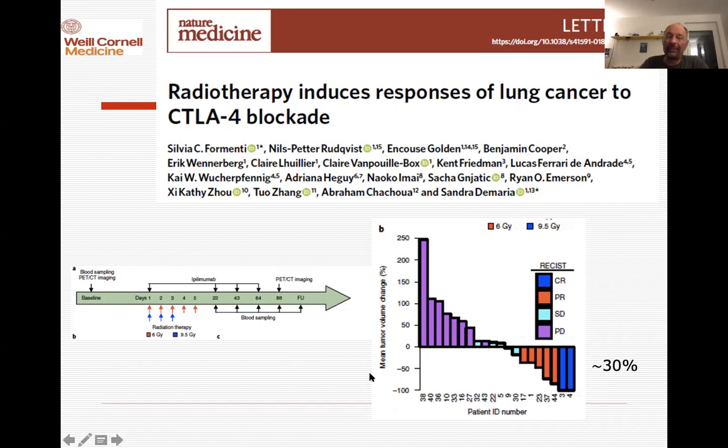Now they were treated with treatment of one single metastasis, you see, with the hypofractionated scheme, only 3 or 5 fractions, 9.5 or 6 gray, and then ipilimumab. And you see that in about 30% of the patients, you have either complete regression, partial regression, or stable disease. These are 70% of the patients are in progression, but these patients are 30% of the patients, this treatment was very effective.